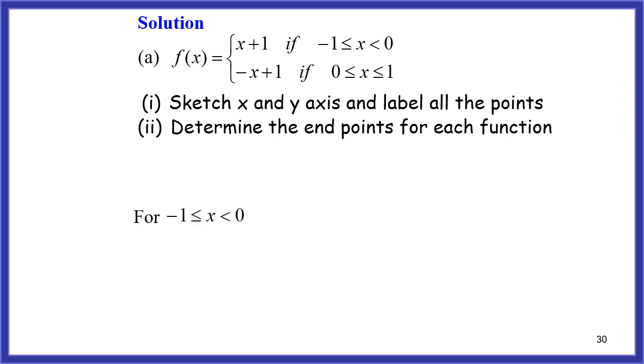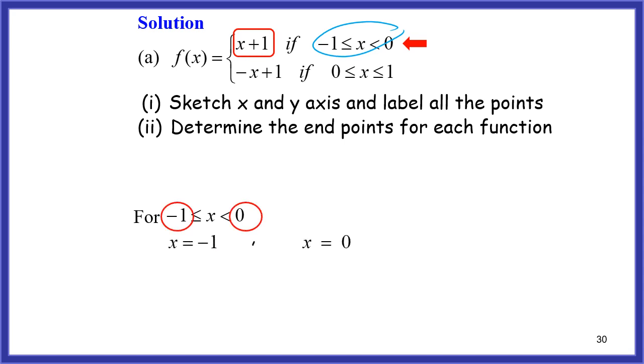For negative 1 to 0 for the first function, when x equals negative 1, substitute negative 1 into the function, so y equals 0. And when x equals 0, the other end of the limit, y equals 1. So we have these two endpoints.